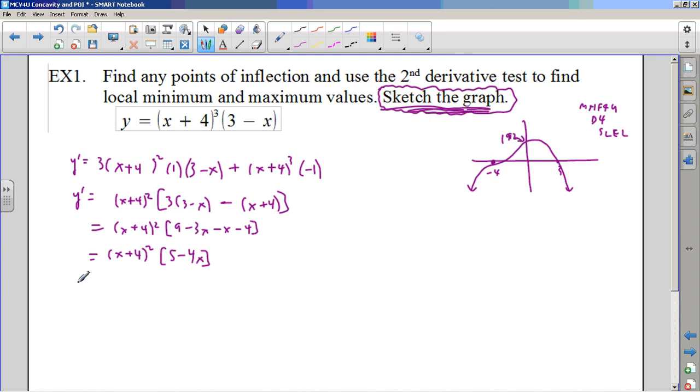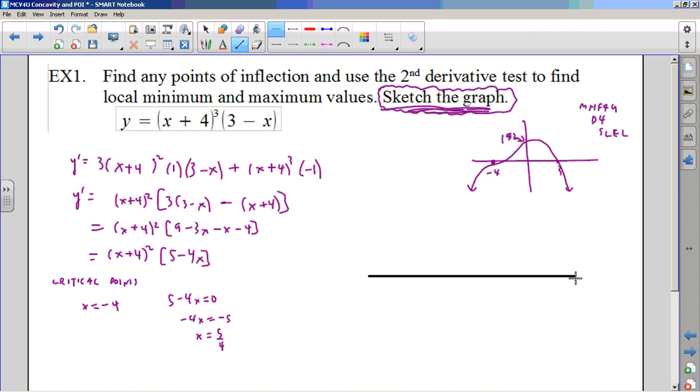So first, critical points. x equals -4, and when this is 0, x equals 5/4. And so that's going to go on a sign chart at some point. Here, I'll start my sign chart over here.